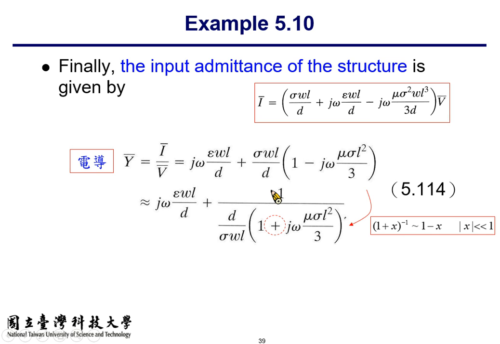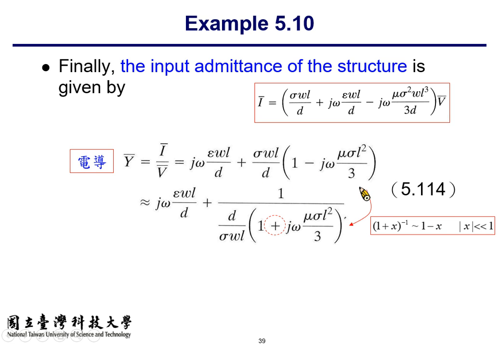Here, a common term between the first and the third term is sigma WL over D, while the third term will end up with minus J omega mu times sigma L squared over 3, which is a little bit complicated, and we'll treat it.